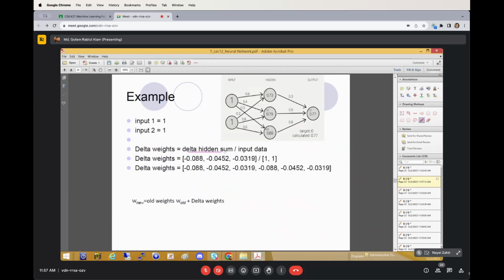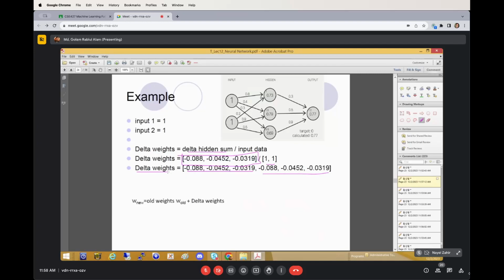So we have already calculated delta hidden sum. Then we divide, and this is our input 1 and 1, so for the one we will get this, and for another one we will get that. So this is our delta weights.